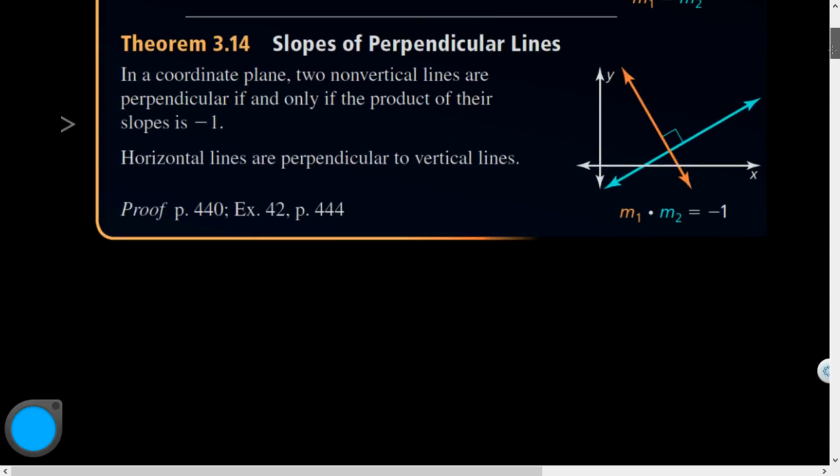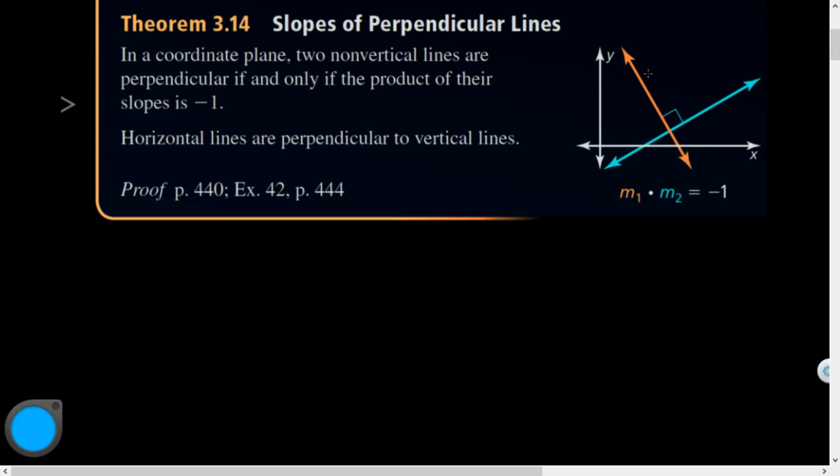And then there's this interesting property about perpendicular lines, and I've got a little bit of a way I might rephrase this. I'll match their colors. If line 1, let's say, had a slope of a over b, because I think this is a more understandable way to do this, then line 2 will have a slope of the opposite of b over a.